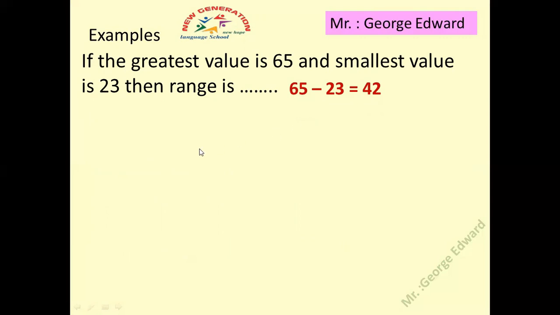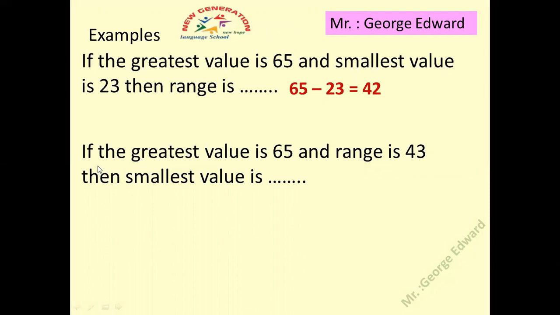Another example, if the greatest value is 65 and the range is 43, then the smallest value is 65 minus 43 equals 22.